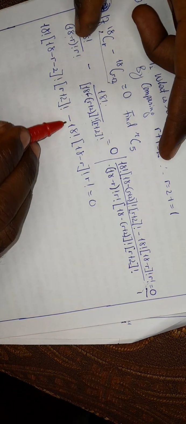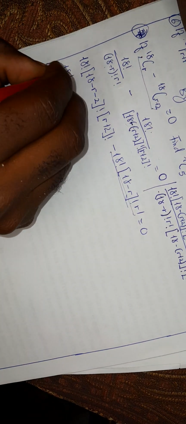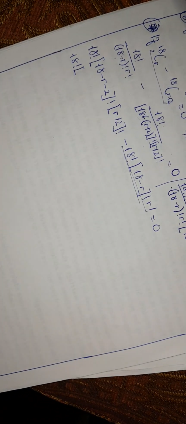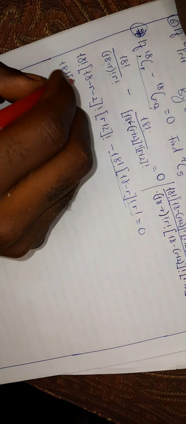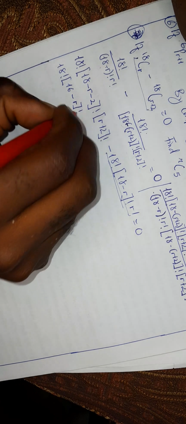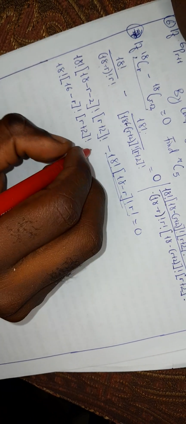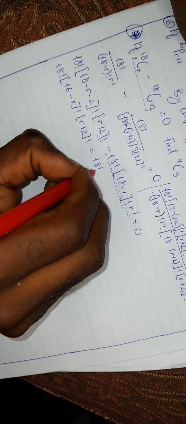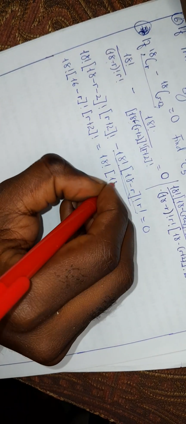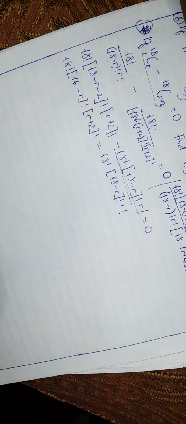Everything here, I'm going to take it to the side. So it will become 18 factorial, 18 minus 2 is 16 minus r factorial, equal 18 factorial, 18 minus r factorial.